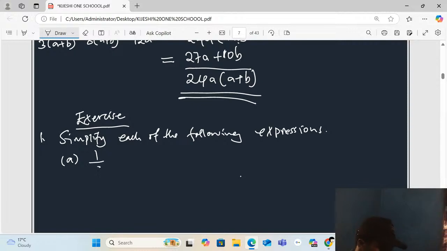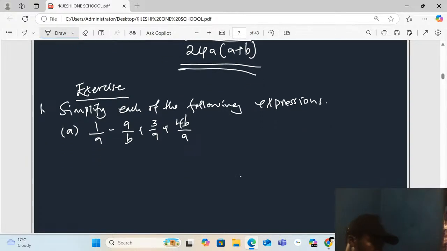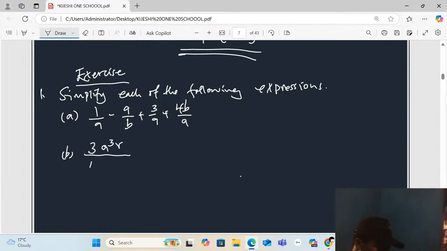So A: 1 over a minus a over b, plus 3 over a plus 4b over a. That is simple. You look for the LCM and work it out. Then B: 3a cubed r over 4r squared a squared.